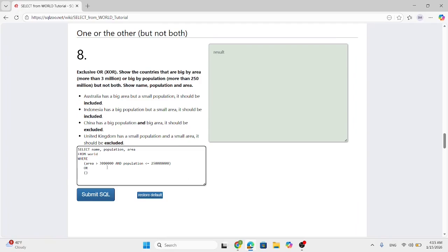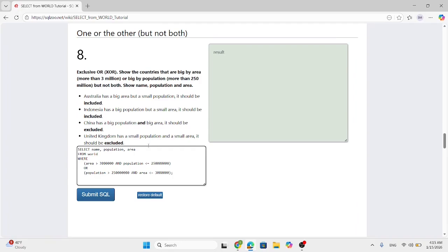This statement means we are going to use exclusive or. In here also we are going to write population should be bigger than this number, and area should be equal to or less than this number.